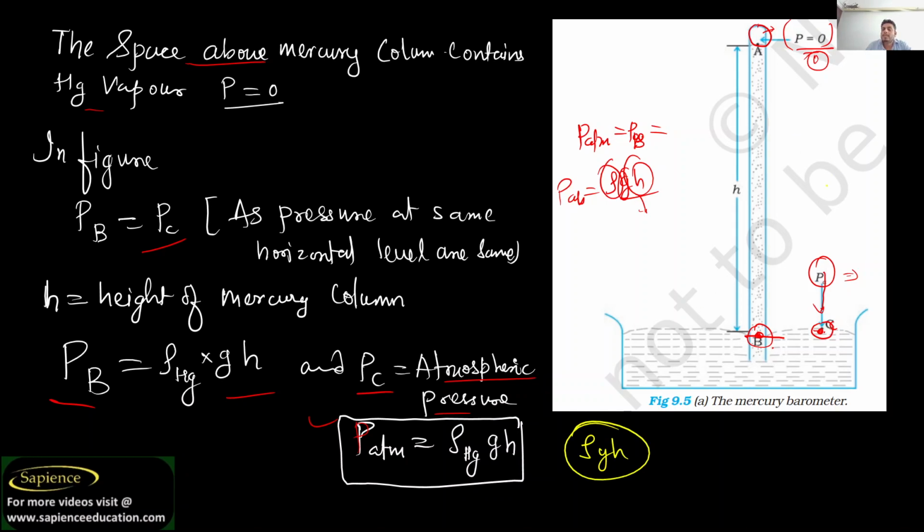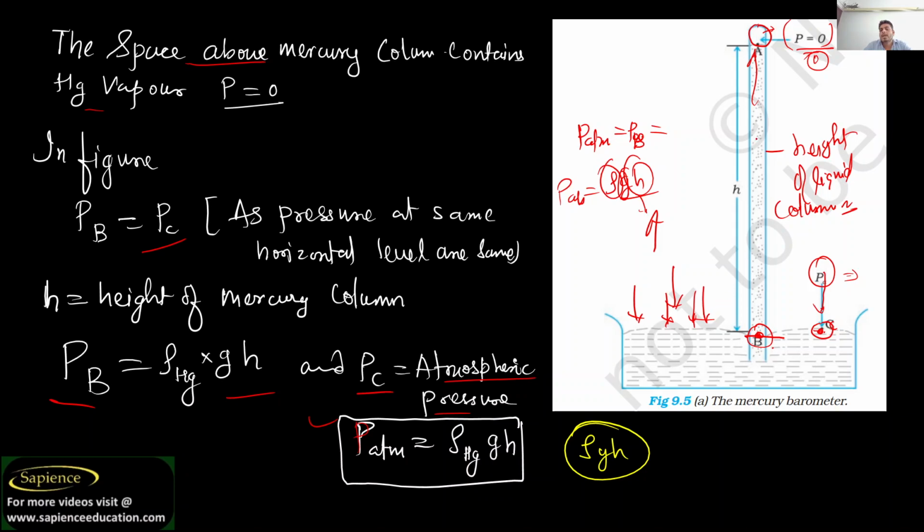What is rho g h? h is the height of the liquid column. Whenever I am talking about height, it is the height of the liquid column. If it is rising, we will say that there is high atmospheric pressure.